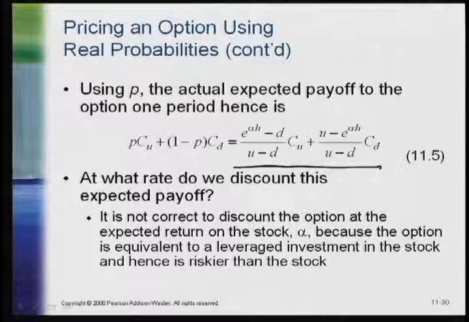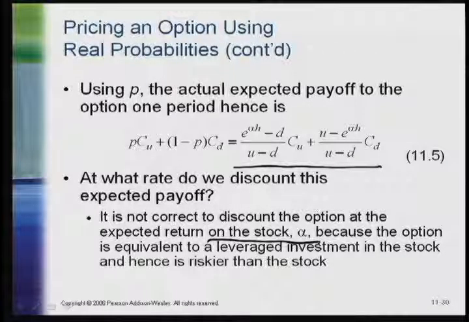The beauty, jumping ahead, of risk-neutral pricing is that if I use a risk-neutral probability P-star, I can discount with the risk-free rate. If I'm using the real-world probability P, this is now a risky expected return. I cannot discount that with a rate of R. I also cannot use alpha.